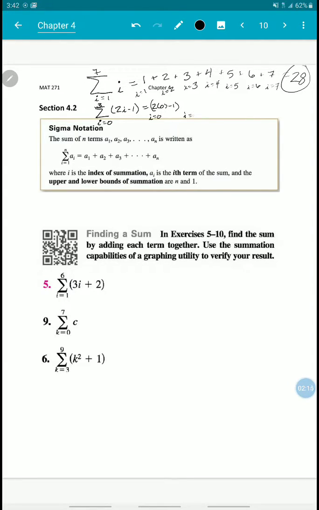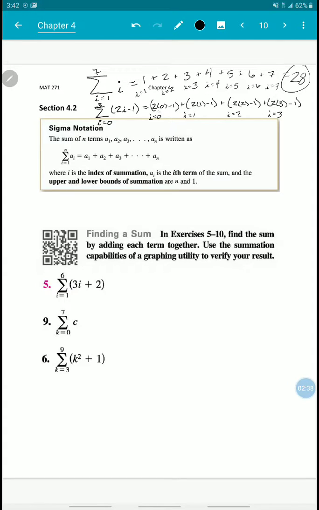And then when I is equal to 1, we're going to replace that I with a 1. When I is equal to 2, we would replace that I with a 2. And then when I is equal to 3, we would replace the I with a 3.